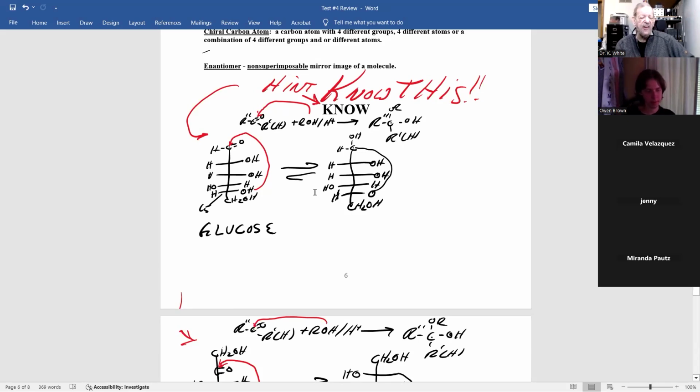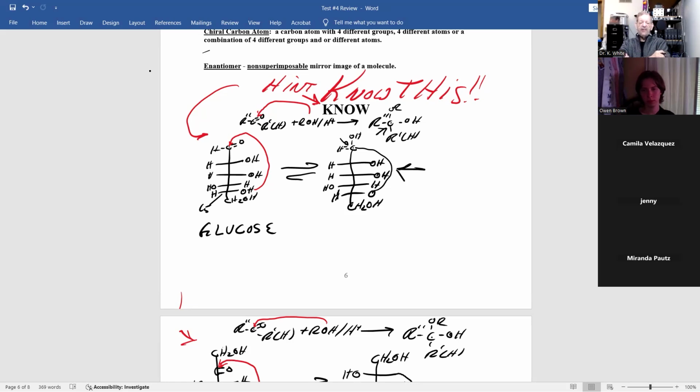Now, when it's in the same molecule, you don't need the acid catalyst, and it's an equilibrium. And the red arrow shows you where you're going to form a bond. Remember, draw in this new bond because you're forming that. And this carbon here is this carbon here.